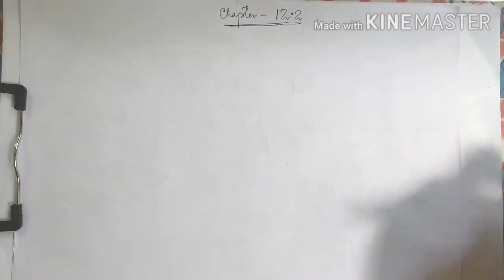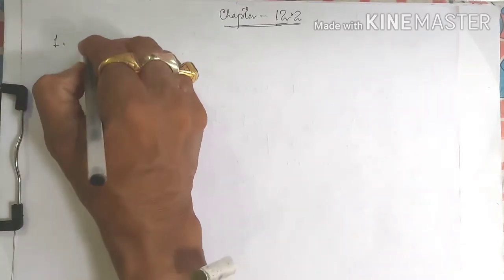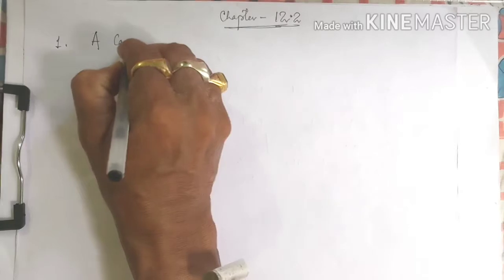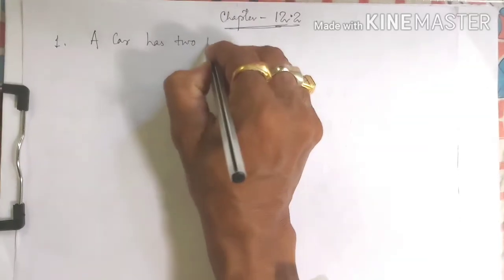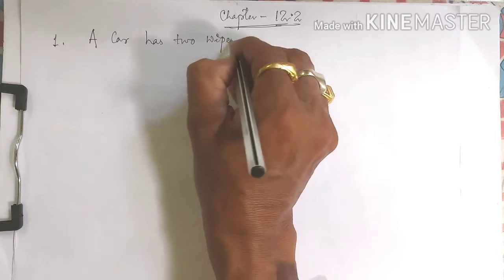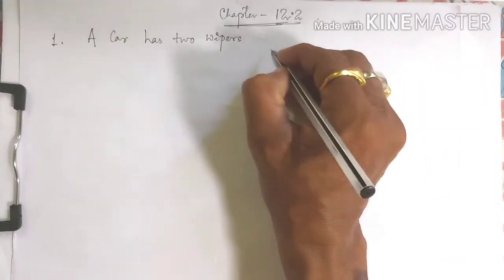Okay students, here you see the question: A car has two wipers which do not overlap.